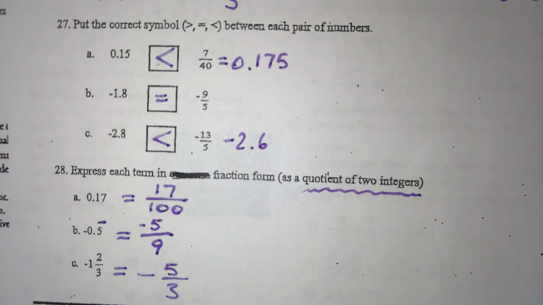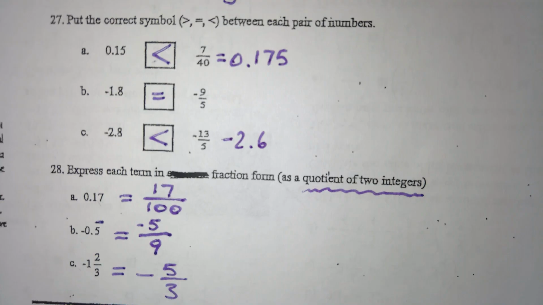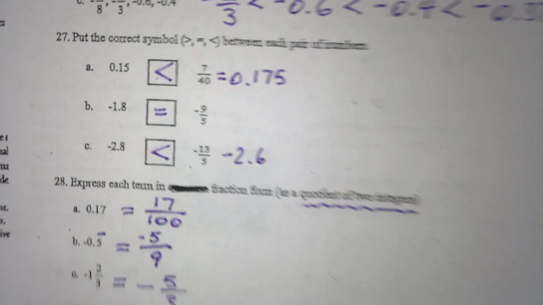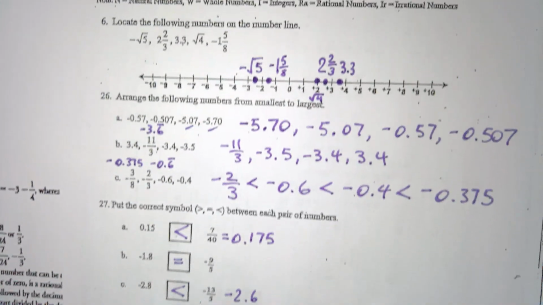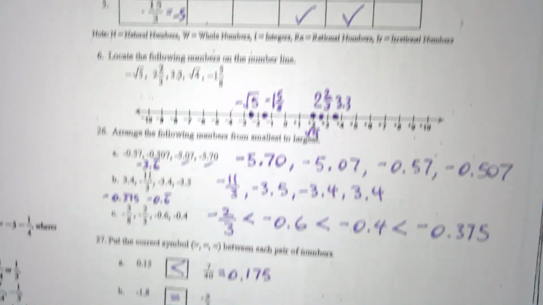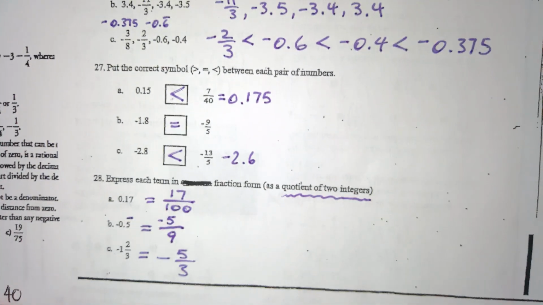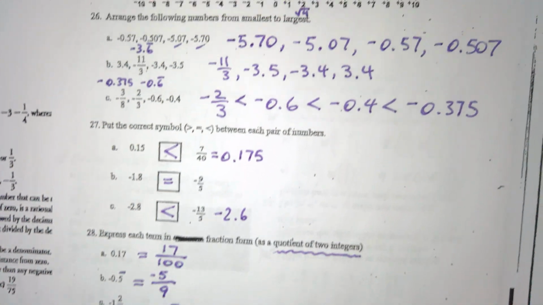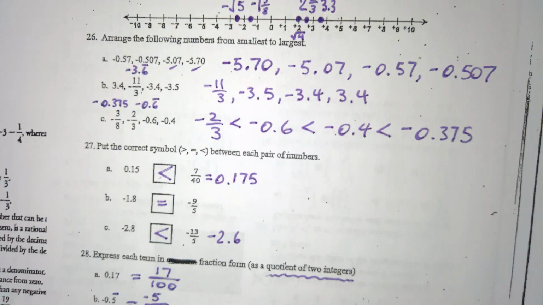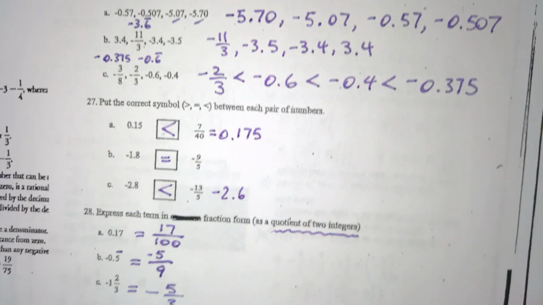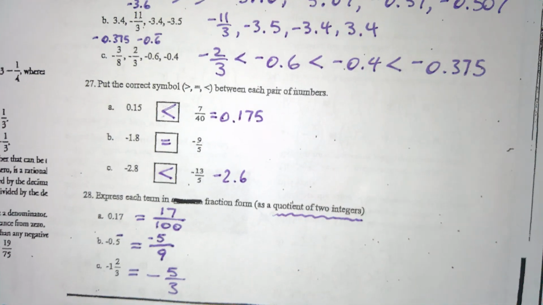All right, so page 41, these ones, were there any work you had to show for any of these questions? Did you have to show any work? No. So which part of the test do you think you'll see these type of questions? Multiple choice. That's right. Should you leave any multiple choice questions blank?